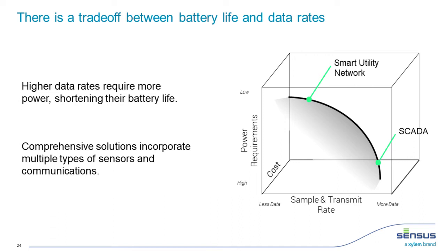And so the way I like to think about this is there's almost a Pareto front shown here on the right. In some cases, you might want to have a device that has more data, and that's fine. You're just going to lose some of the power requirements.